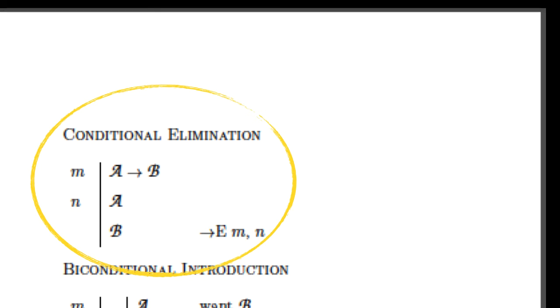The important point is that conditional elimination requires 2 lines. We have to have the conditional and we have to have the antecedent of the conditional, and it lets us write down the consequent. You might remember this from an earlier video when we used its historical Latin name, modus ponens. Here we call it conditional elimination because that fits it into the structure of our basic rules.